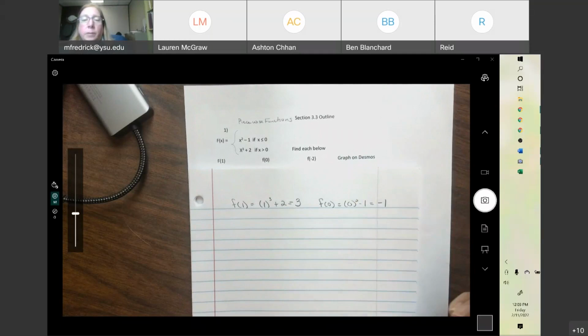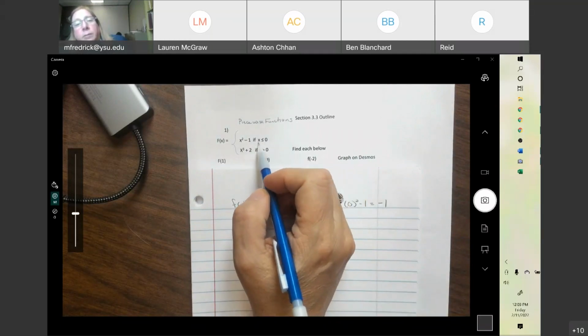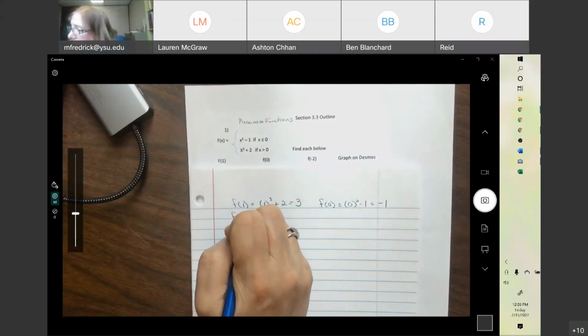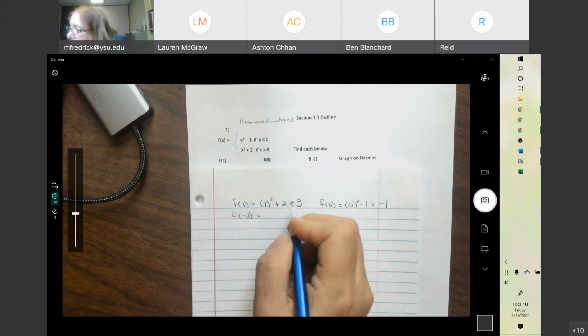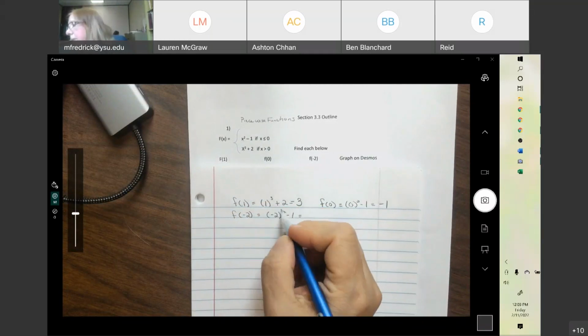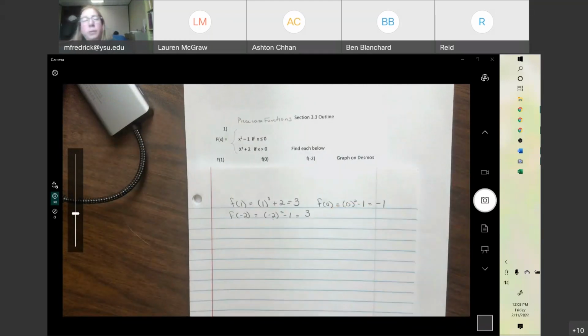Anyone? Top. Because negative 2 is less than or equal to 0. So we use the top. Negative 2 squared minus 1. Negative 2 squared is a positive 4 minus 1. Do you get 3? Any questions on plugging the values in?